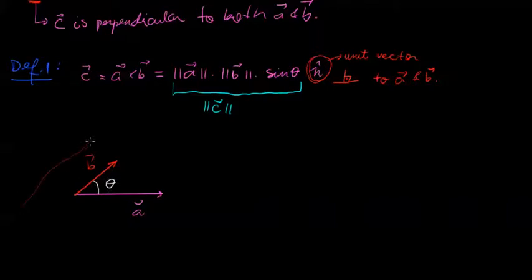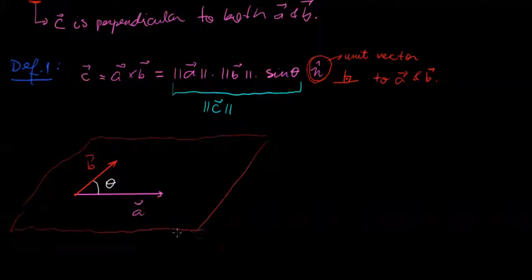These guys belonging to a plane, and we have stated that vector C, the resulting vector, will be perpendicular to these two guys, or to this plane. So C will be in this direction, but does it point upward or down?